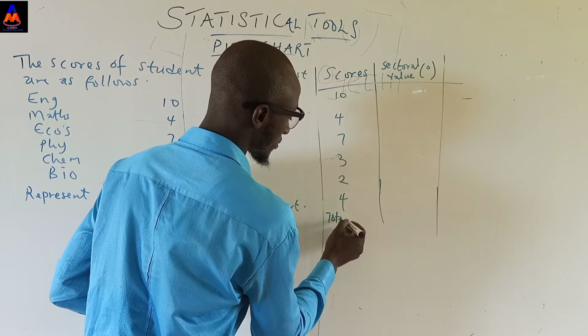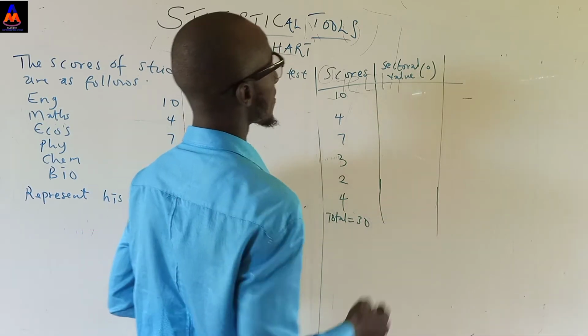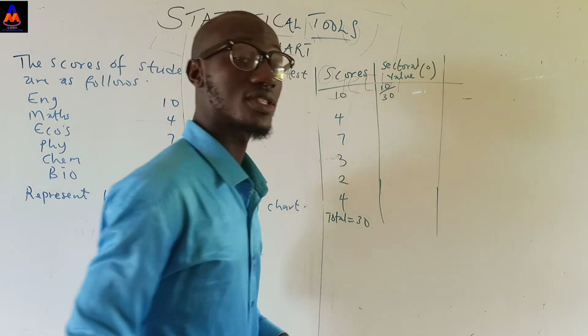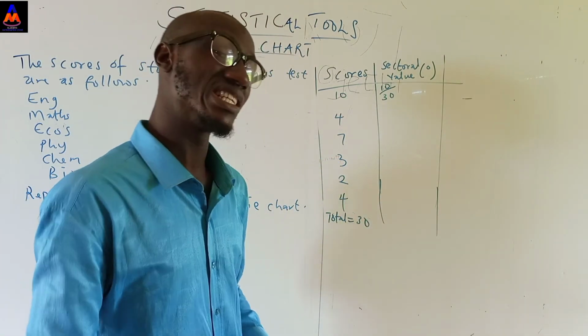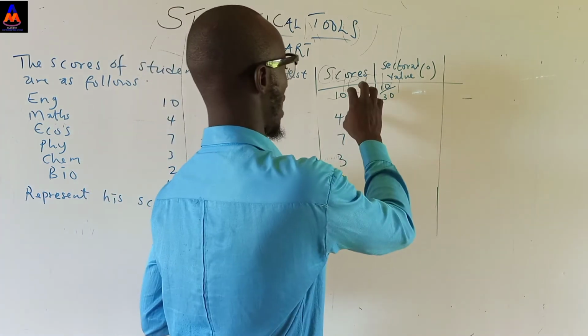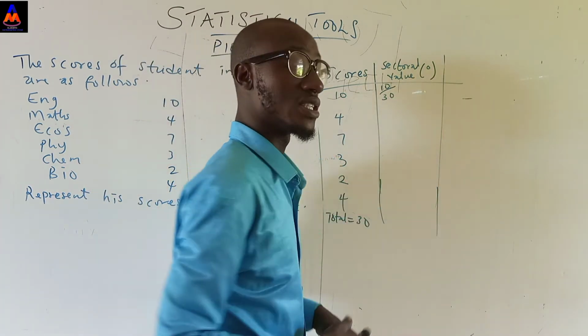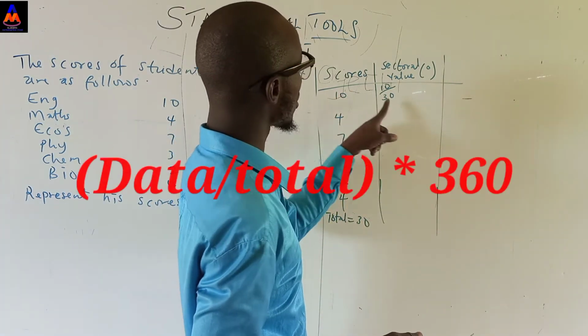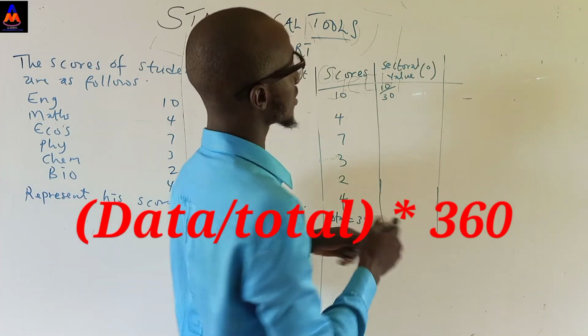The total here is 30. So take each of them to the angle in a circle. The total angle in a circle is 360. So you are finding the fraction that will occupy the angle in a circle. That's the given score divided by the total value times 360 degrees.